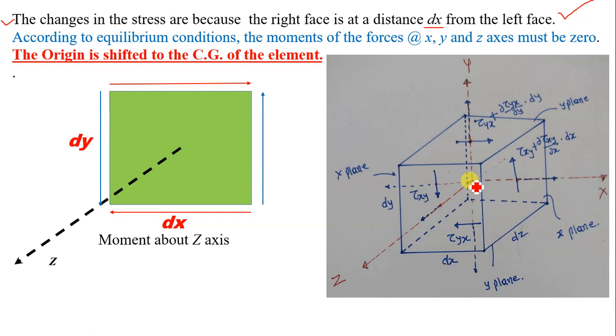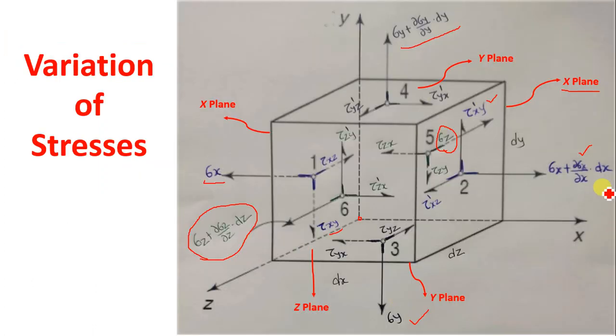The advantage of shifting the entire system of axes, or the origin, to the CG is that if we take moment of stresses about the axis, we can eliminate the normal stresses sigma x, then sigma y, as well as sigma z.